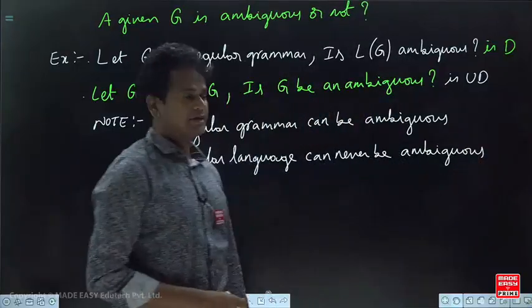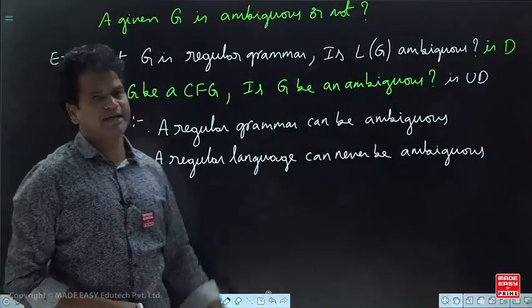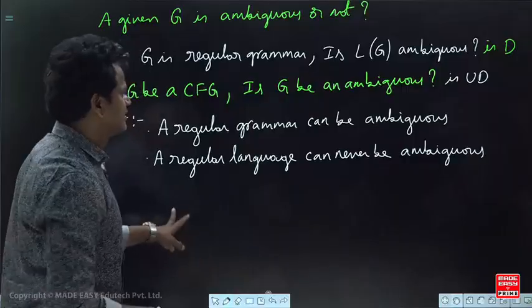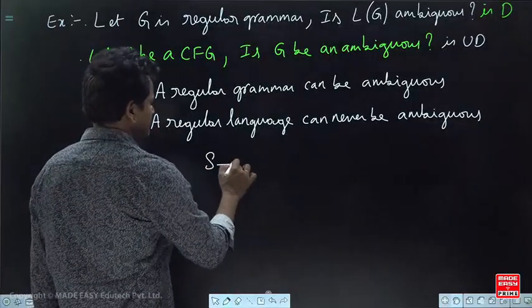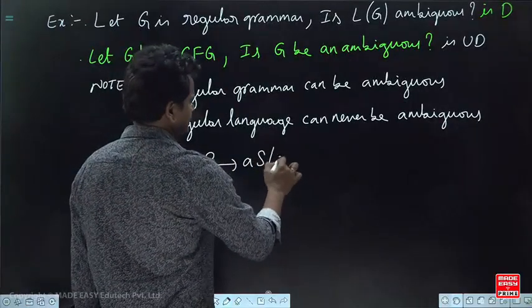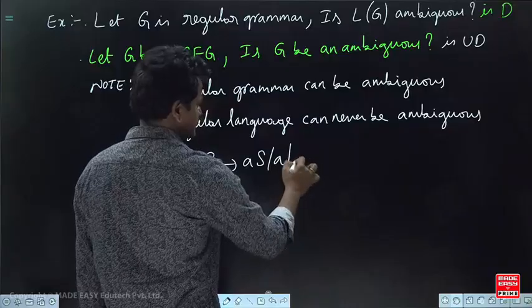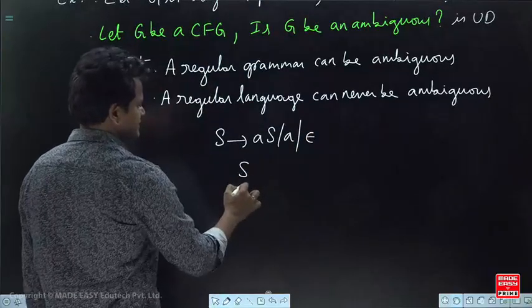Are you following? A regular grammar can be ambiguous. What is ambiguity? If it has two or more parse trees.